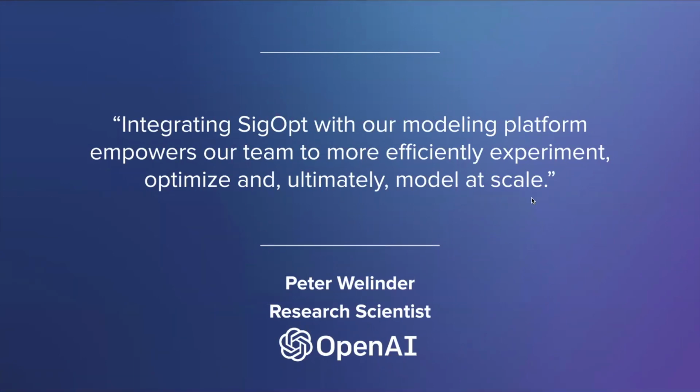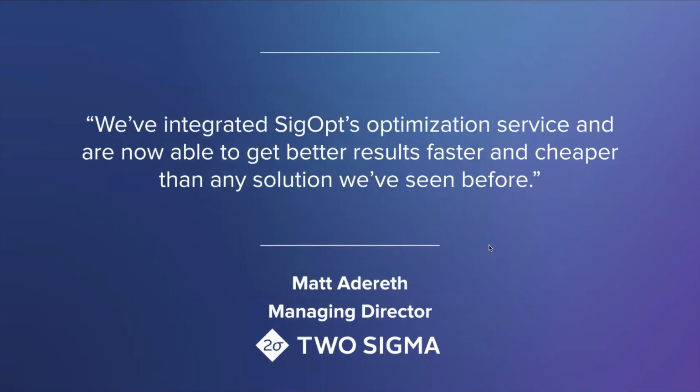Metric management is just another way to guide the experimentation process for data scientists at OpenAI. Similarly at Two Sigma, one of our financial services customers in the algorithmic trading space, a lot of Matt Adereth's data scientists have been able to achieve higher productivity with much more guided experimentation. You can read a blog post from Matt on the Two Sigma website.